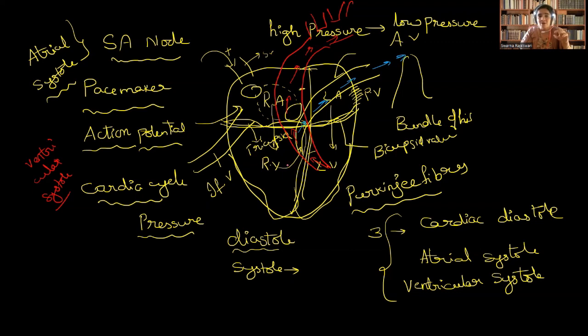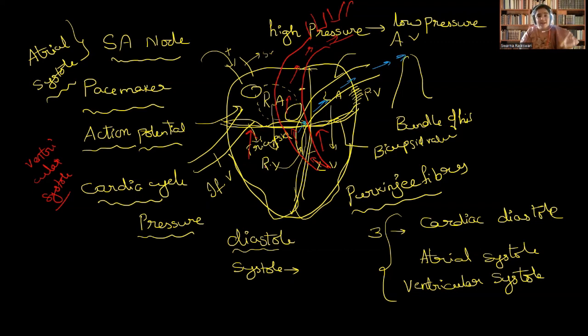And when the semilunar valves are opening, before that only, immediately the bicuspid and tricuspid valves close back. Okay? Before the semilunar valves open and send the blood that side, before that only, these valves, that is the auriculoventricular valves, close again, preventing the backflow of the blood.